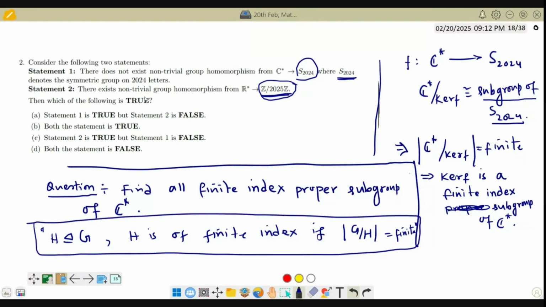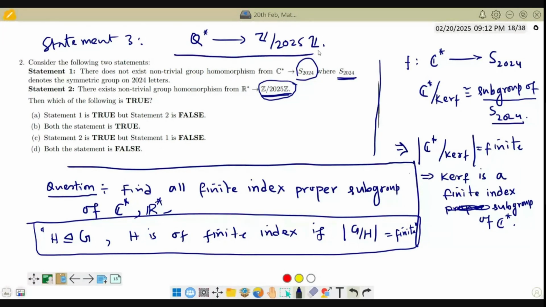Similarly, for statement 2, on that side also you have a finite group. So it is the same thing: the question is to find all finite index proper subgroups of C star. I can even add more problems. Like I can create statement 3: Q star to this thing.